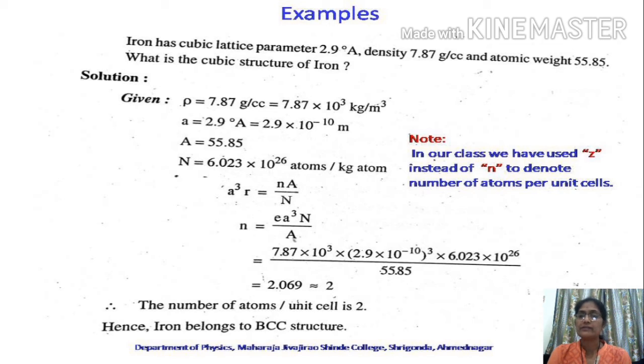But the final answer should be a whole number because it denotes a number of atoms. Atoms will not have fractions, so you have to write the number as 2. So number of atoms per unit cell comes out as 2. Hence iron belongs to BCC structure. Do you understand this? Let's move to the next example.